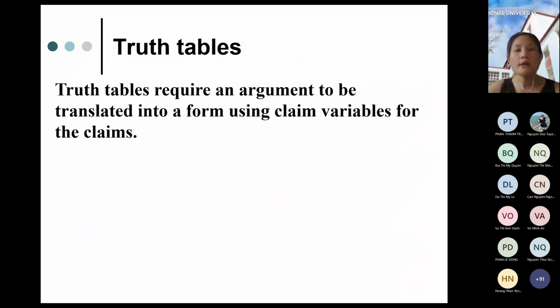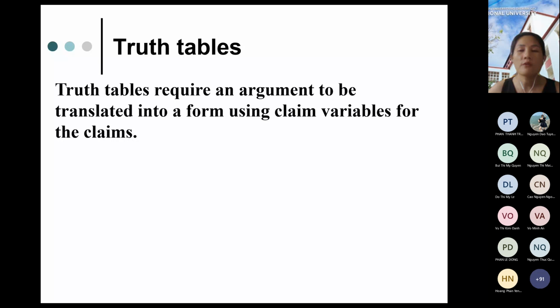That is why it is very important, because we need to convert our argument into the variable forms, so that when we look at the statements in the symbolic form, it will be easy to count how many variables we have in the argument, because the number of the variables will determine the size, the scale of the truth table, and how many possibilities we are going to have in that table.